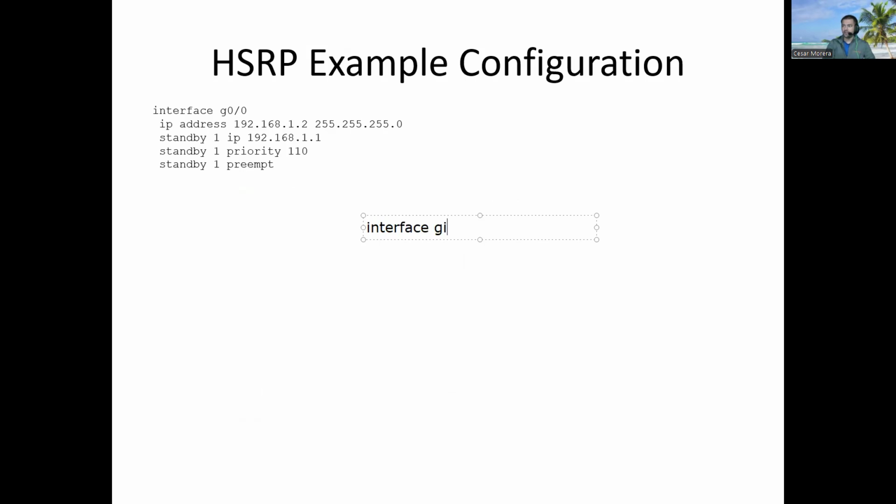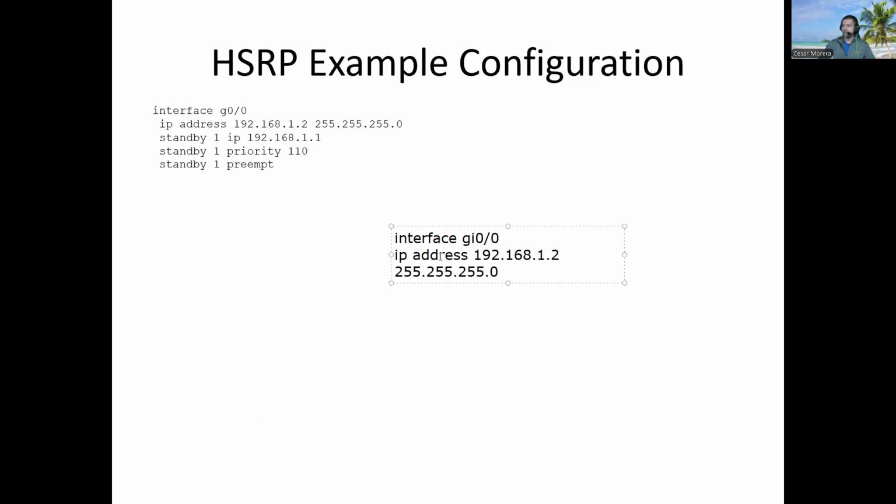So we have interface gigabit 0/0, and the IP address for that specific interface, 192.168.1.2, with a mask of 255.255.255.0 at the end. Now, be careful because it's actually a 1.2.